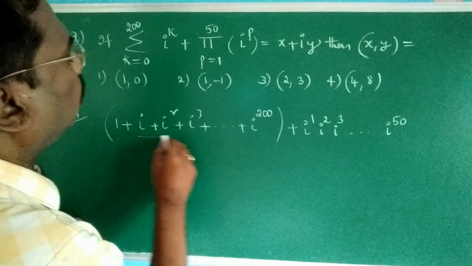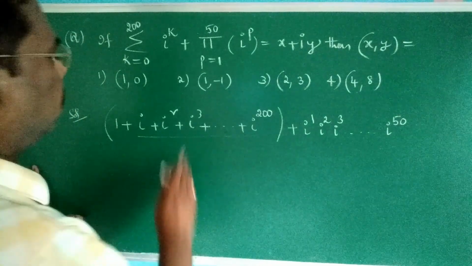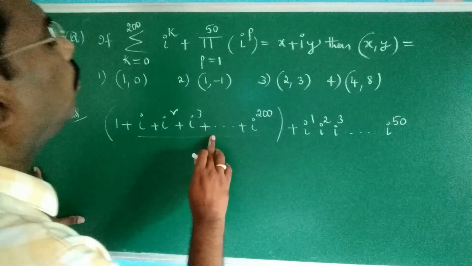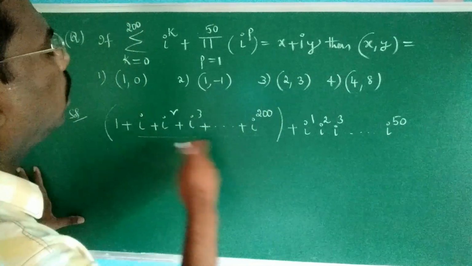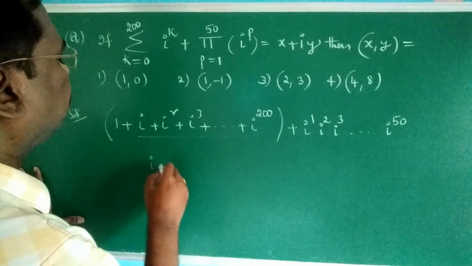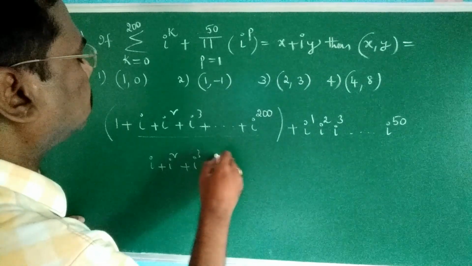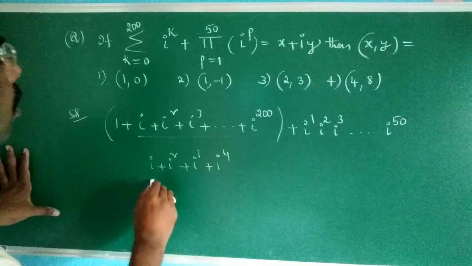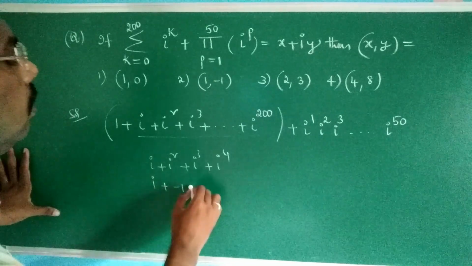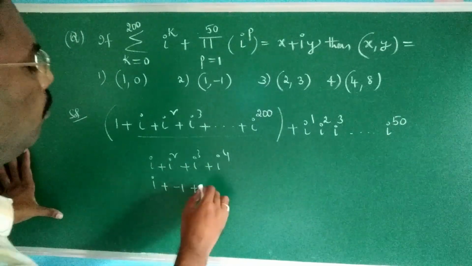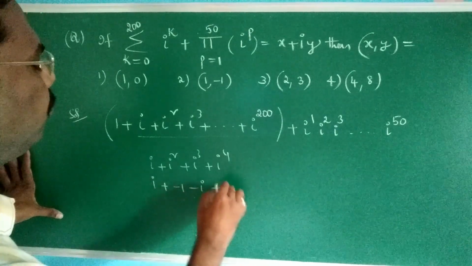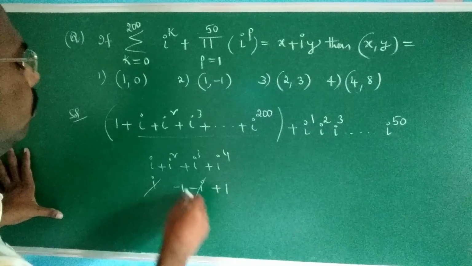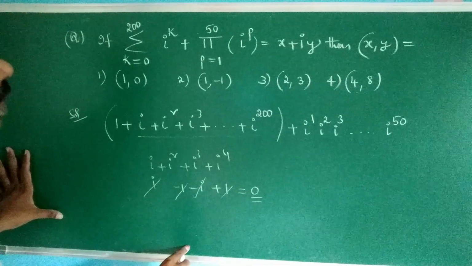Here the total is 200 terms. For the product, the sum of i plus i square plus i cube plus i power 4 is minus 1 minus i plus 1, i minus 1 minus i plus 1, which is equal to 0.